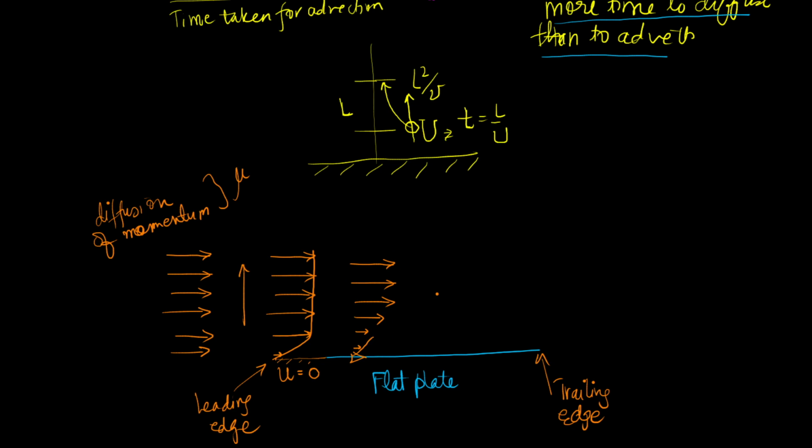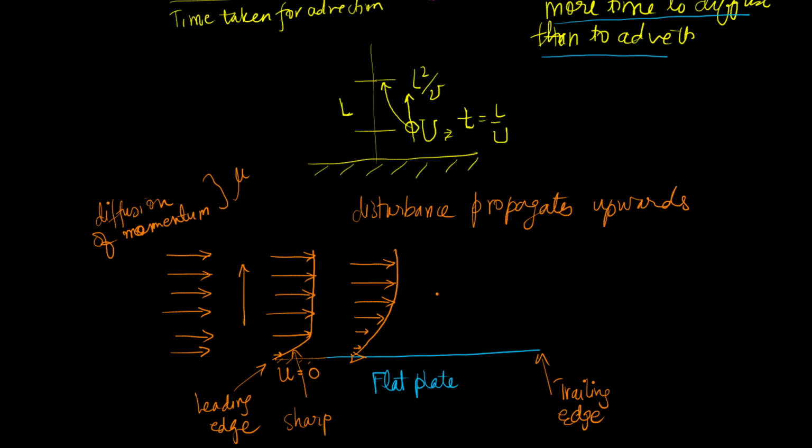The profile looks something like this. Here the gradient is sharp, here it is being smoothened out. This disturbance of zero velocity is propagating upwards, and eventually, at a much later time, it will become truly parabolic.